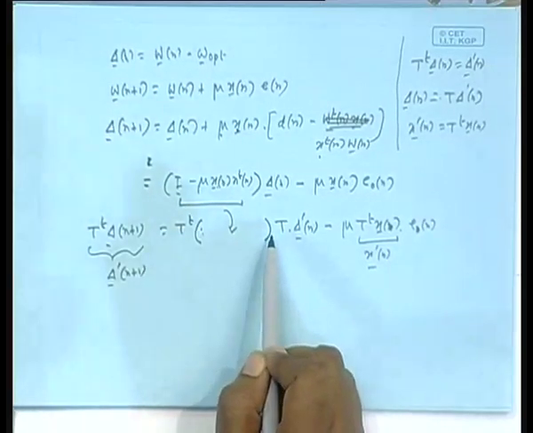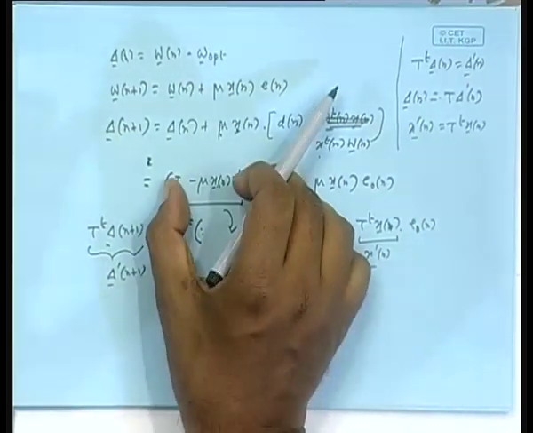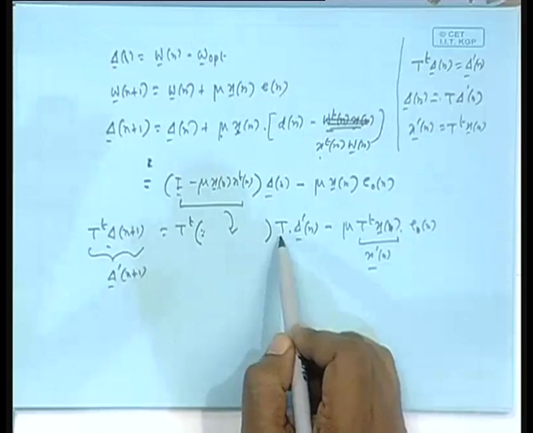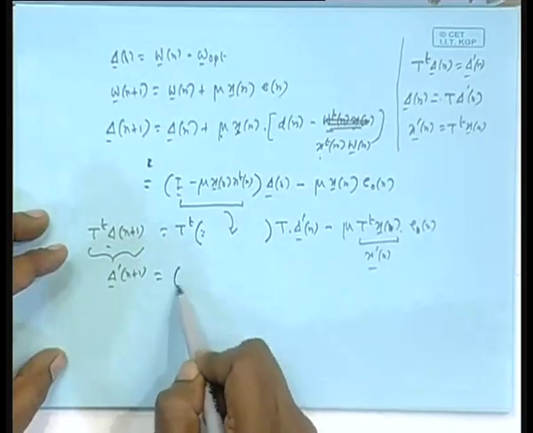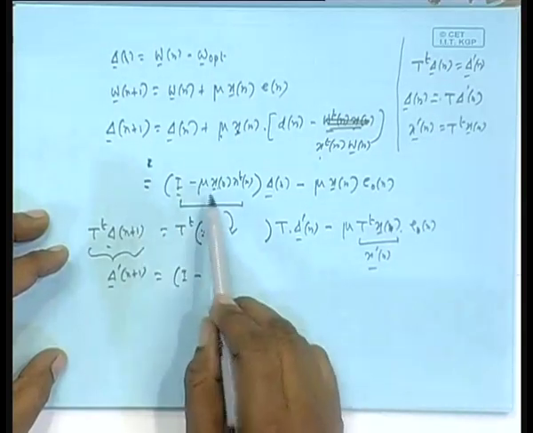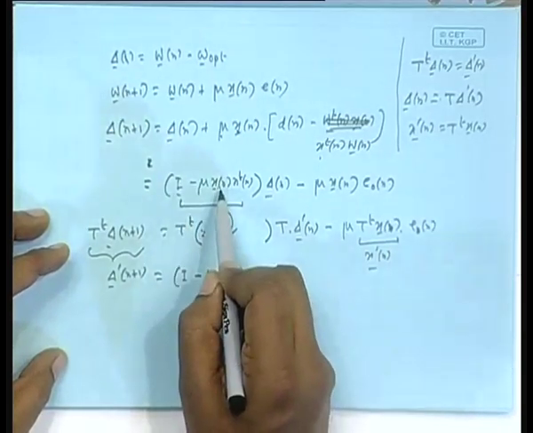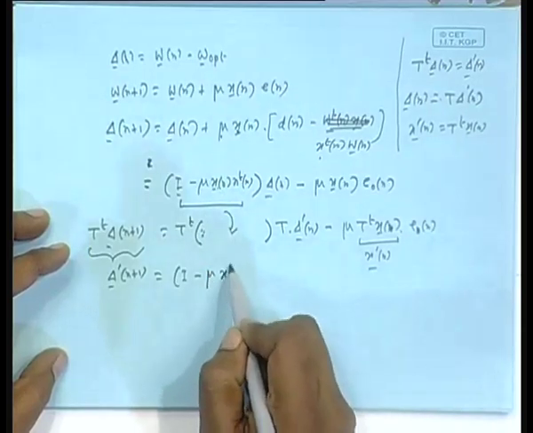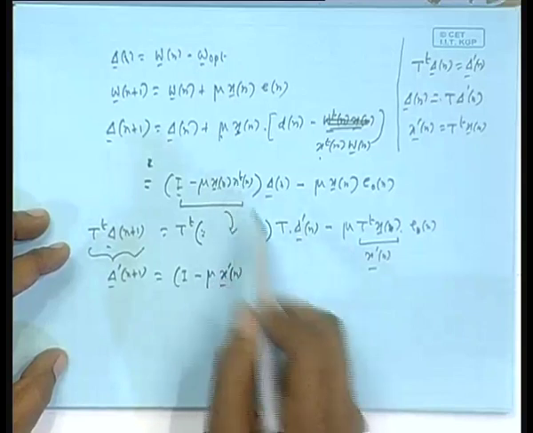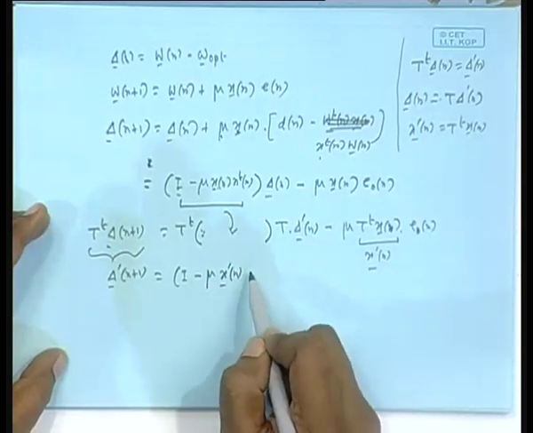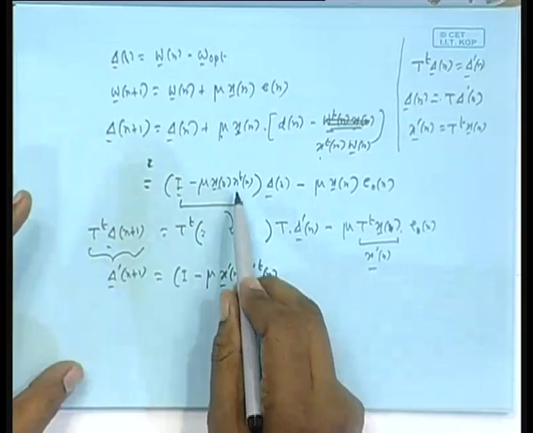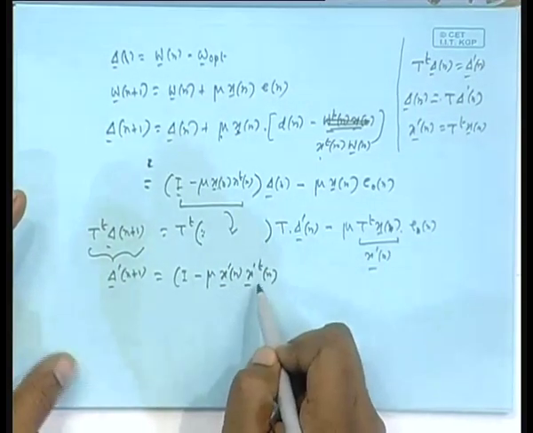Okay. And now you see, T transpose first element here is I, and then T transpose I T is I only. You replace this here, the first term is I, T transpose I into T, that is T transpose T, that is I. So that is equal to I only, and T transpose, forget the mu, T transpose X n, that is X prime n, and X transpose n T, that is X transpose T, that is same as this.